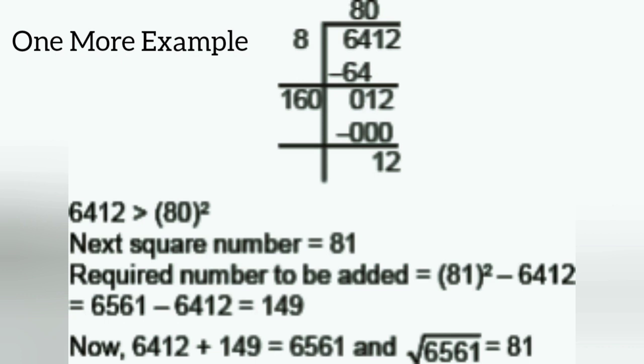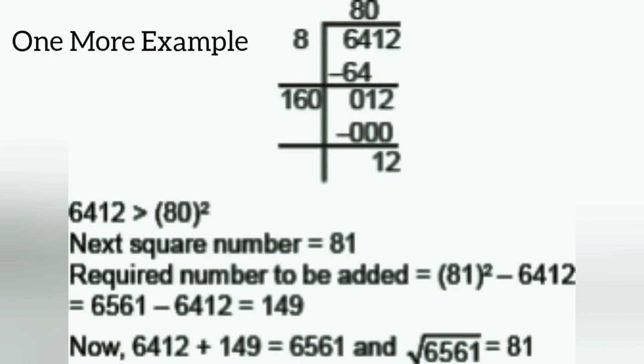And therefore it makes us understand that 6412 is greater than the square of 80. So we will move to the next square number, that is 81. Now what we need to do? Yes, to find the required number to be added, we are going to subtract.